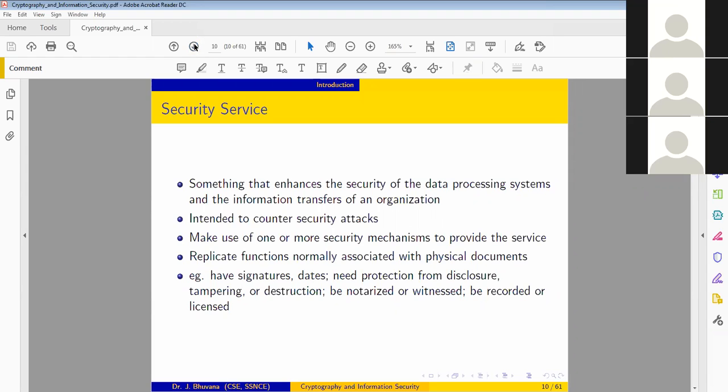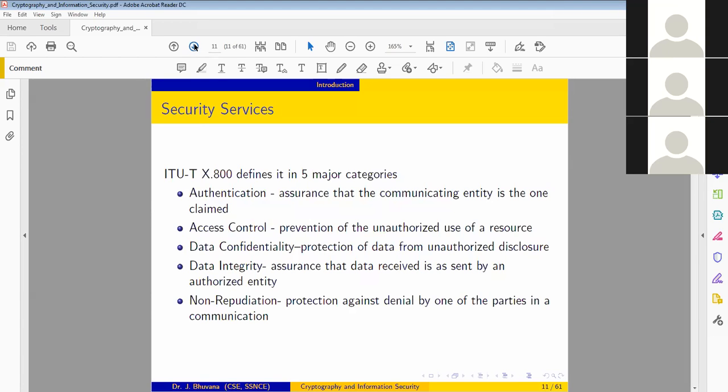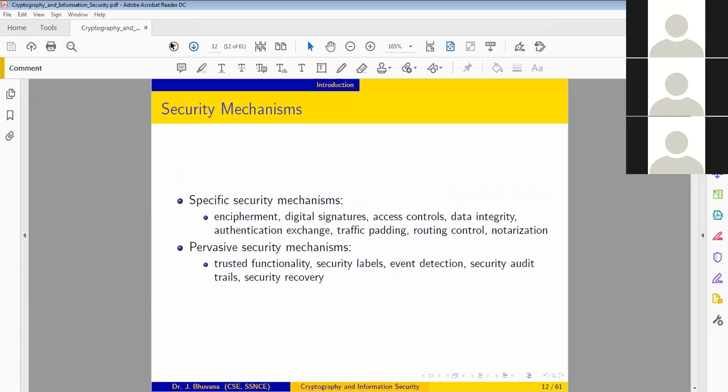So there are several kinds of security mechanisms at the outset. Mechanisms can be classified as specific security mechanisms or pervasive security mechanisms. Specific security mechanisms may pertain to a particular application. For email, I would go for email security applications.